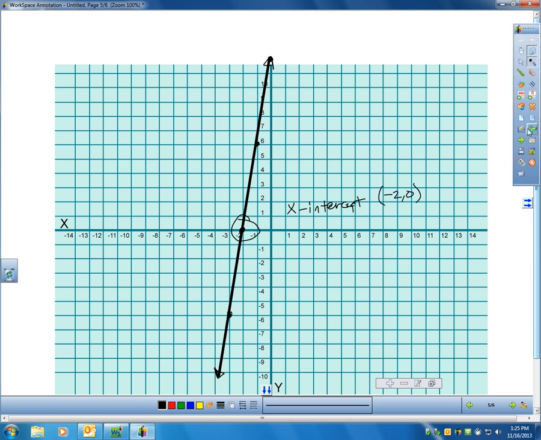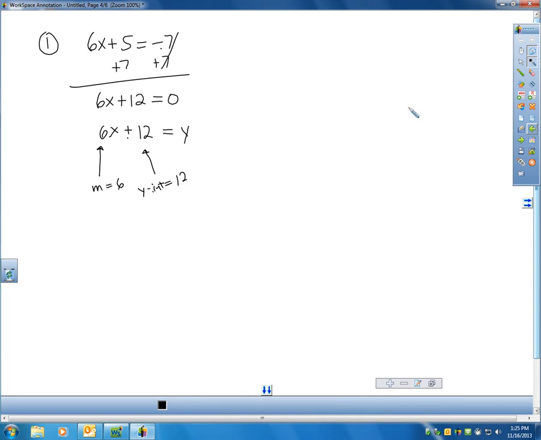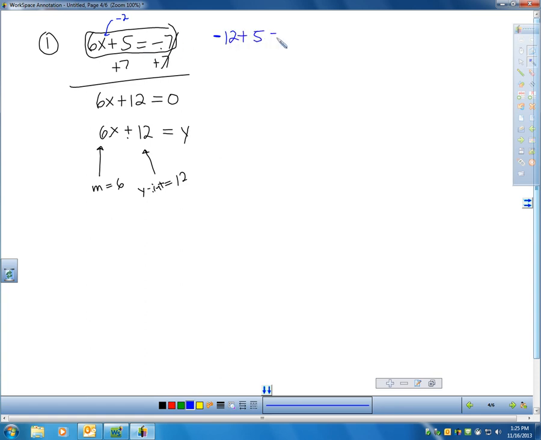Let's check and see if that works. So if I go back to my original problem, which is here, and I plug in -2 for x, 6 times -2 gives me -12, and when I add 5, I do indeed get -7, so I check it that way. Let's check it algebraically like the instructions say. 6x plus 5 equals -7.